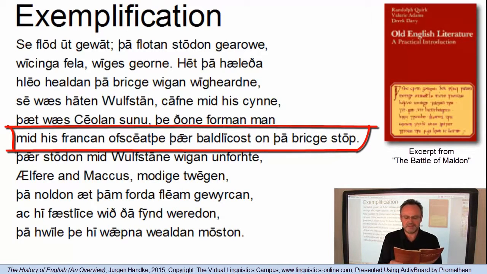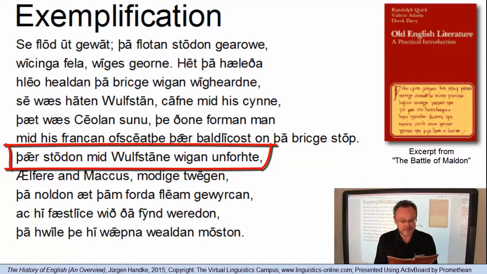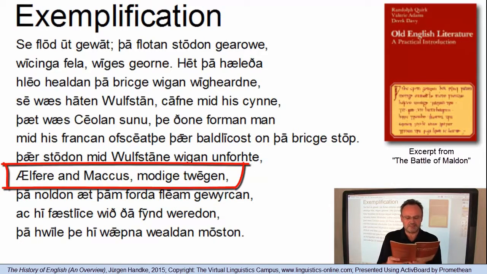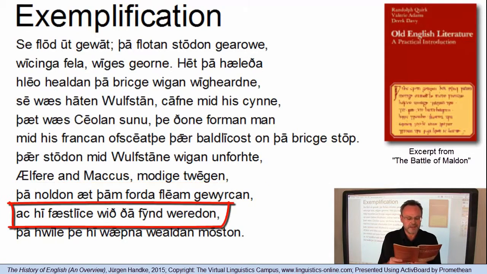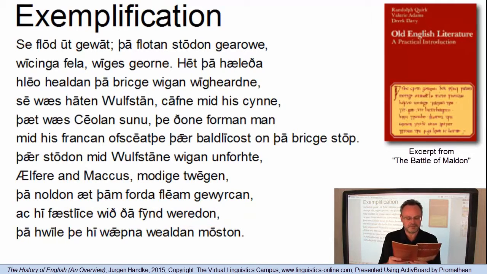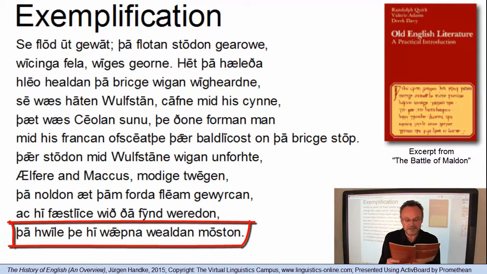Ver baldli kost on tha britje stop. Ver stodon mit wolfstane wien unforchte, alvere en makkus, modie tweeën. Tha nolden ak tham forda flam je wirken, ak hi fast liedje with tha fund werden, tha wiele the hi wapna welden mosten.